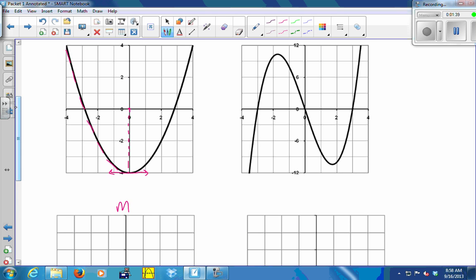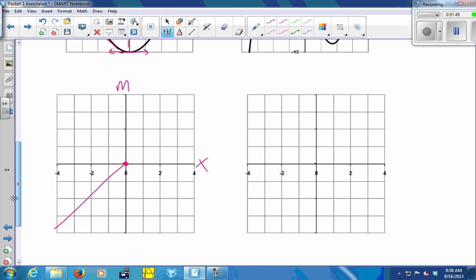And then after 0, they get more and more positive. First, they're just small, and then they get steeper and steeper and steeper. Okay, so there's a picture. And I heard a lot of debate about whether or not that derivative function should have some kind of curve to it.